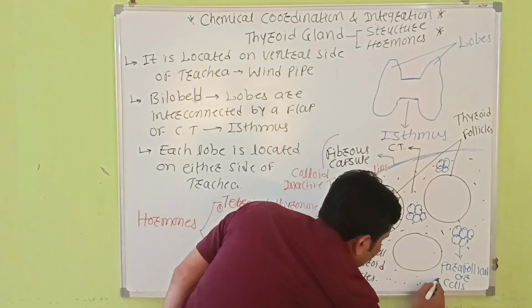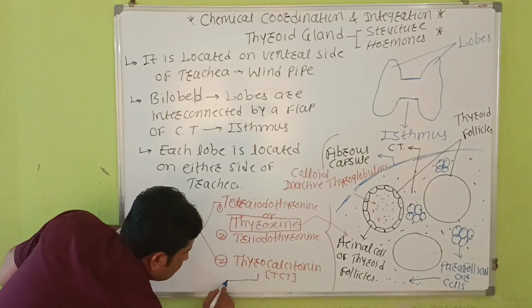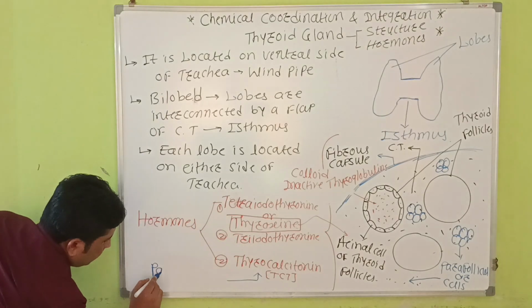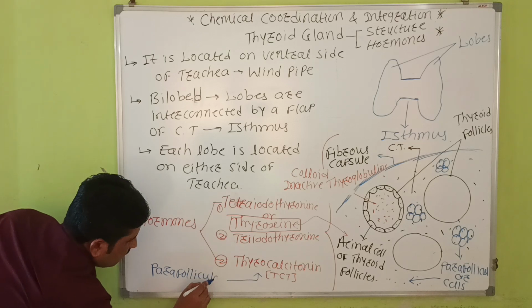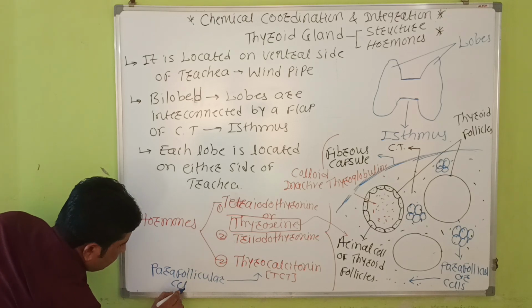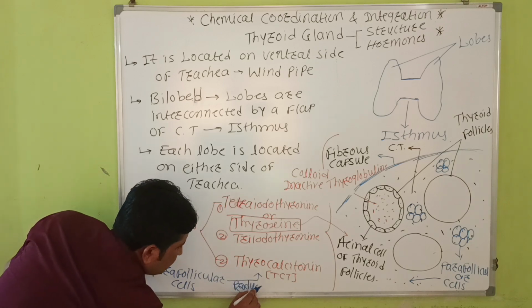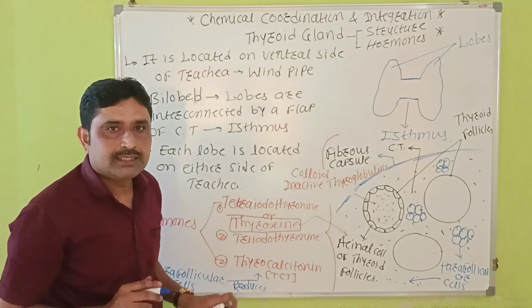These parafollicular cells produce thyrocalcitonin. So these parafollicular cells produce the second hormone, that is thyrocalcitonin, TCT.